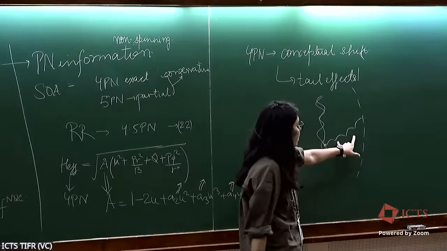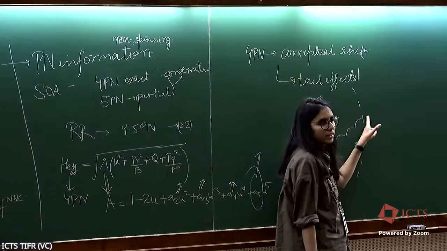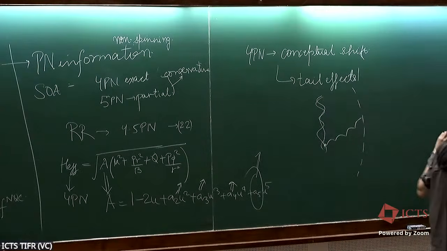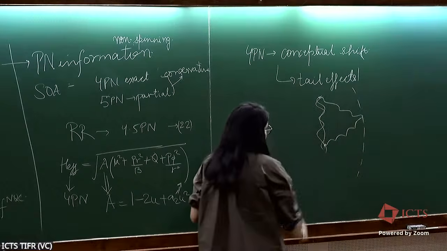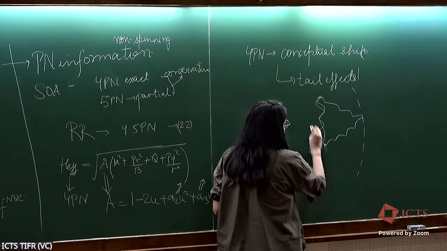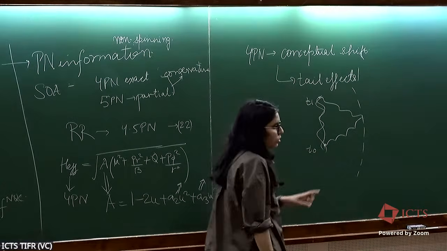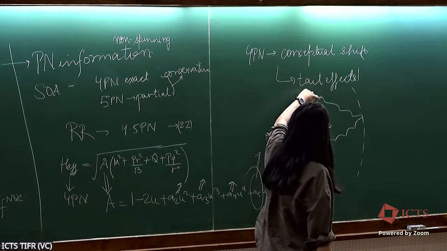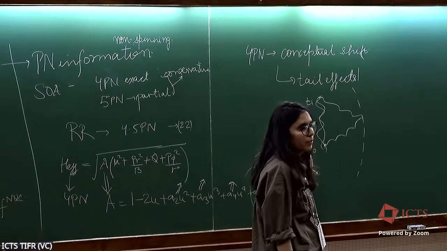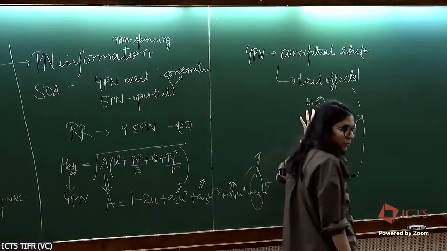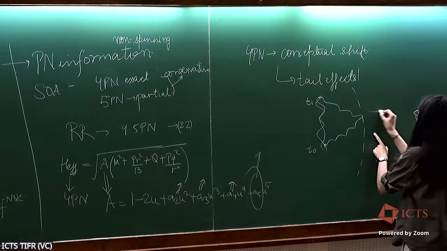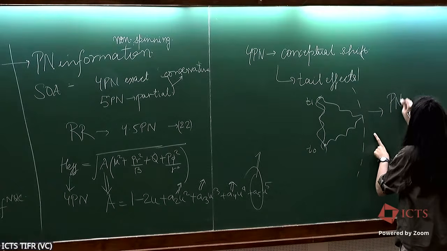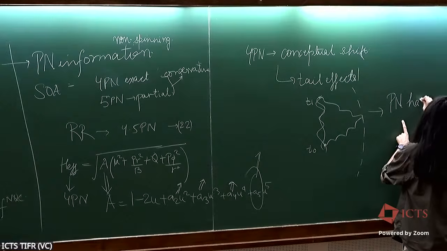This gravitational waveform might be scattered, or otherwise can go completely to far zones. So part of it can be scattered and can reach the source again. It started at T0 and reached T1 once again at the source. So now the waveform at this point is also dependent on the waveform emitted at T0, suggesting that everything is dependent on the entire past history. And this is the conceptual shift. And this makes the computation in PN hard or complex, let's say.